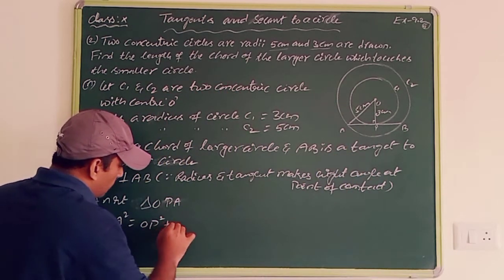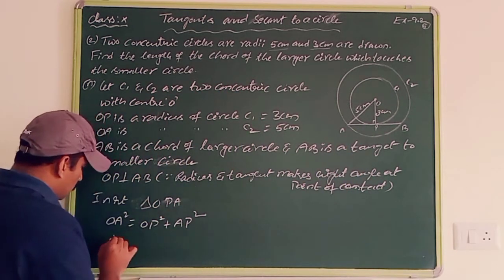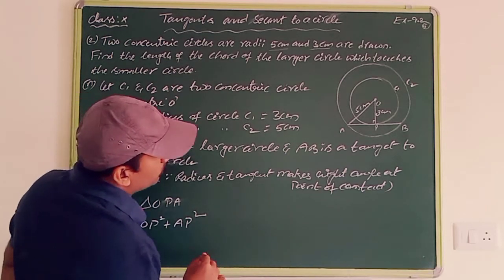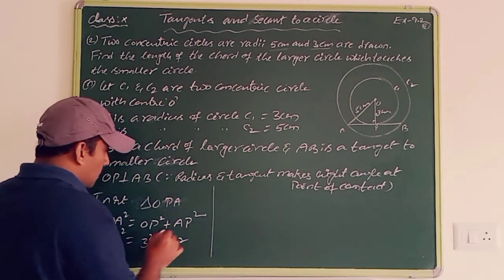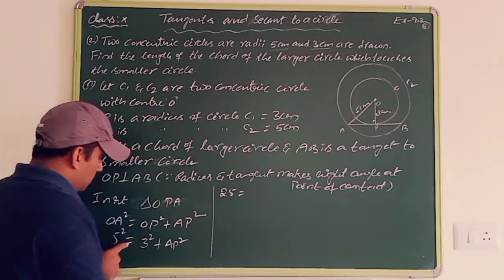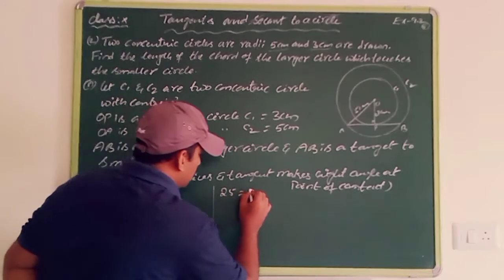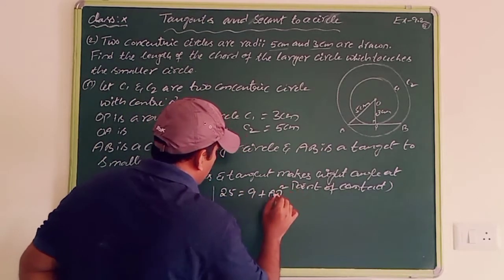OA square is 5 square, equal to 3 square plus AP square. So 25 is equal to 9 plus AP square.